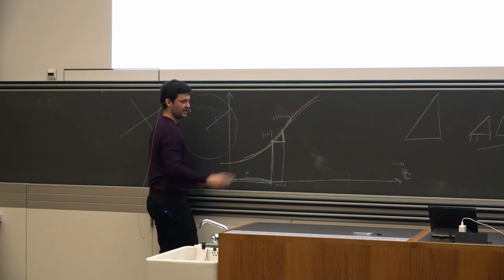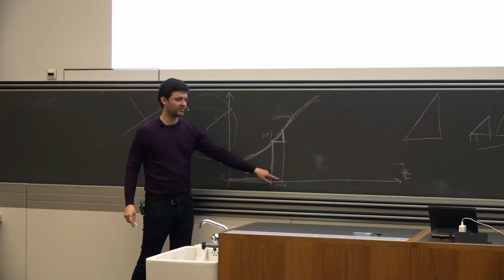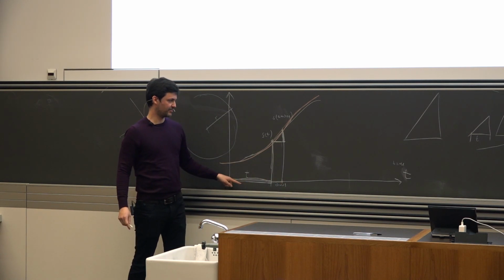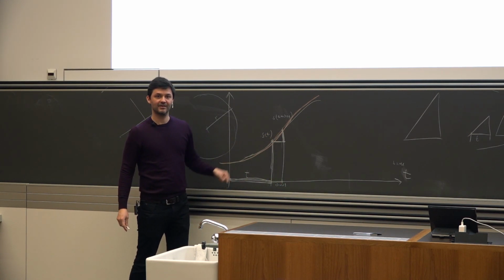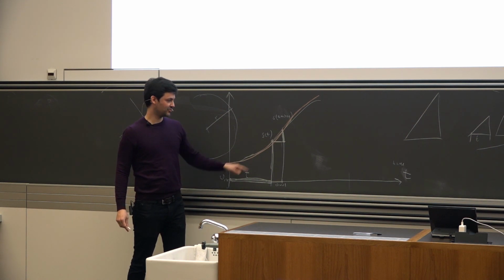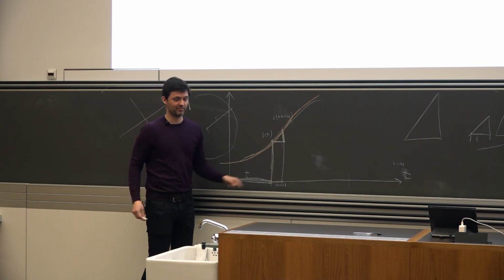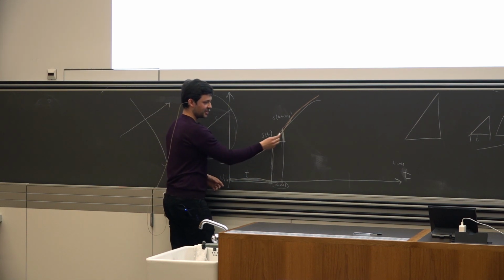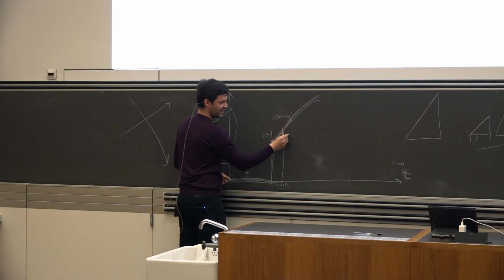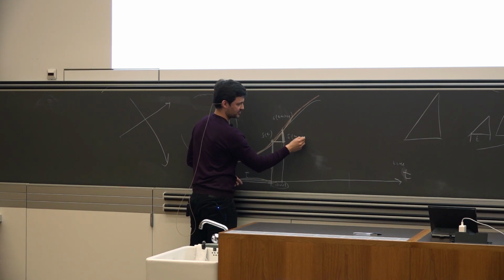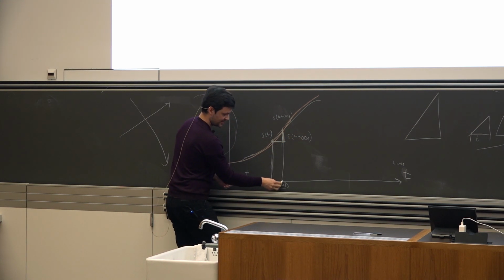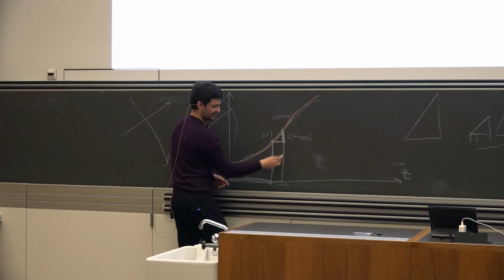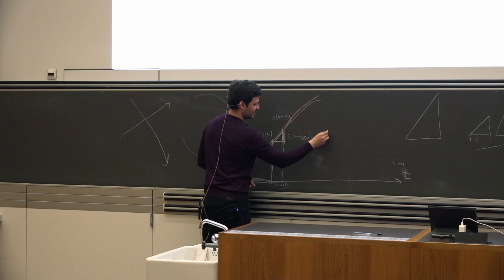What is this? This is when you subtract the lower value from the higher value. This is the change in distance introduced by the small change in time, 0.01. And this is simply s of t plus 0.001, which is this length minus this length, minus s of t.